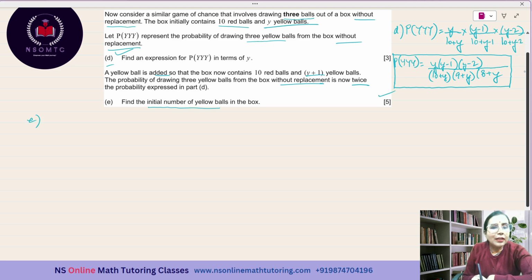Okay, so first of all, let us find the current probability of drawing 3 yellow balls from the box without replacement, when one yellow ball has been added.